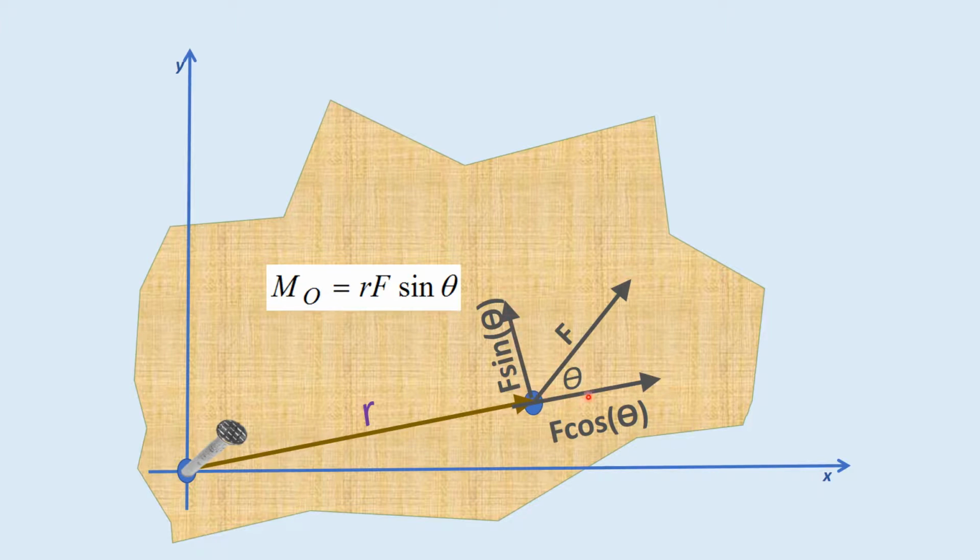If you look at the angle between the force and your lever arm, your position vector, the sine of that angle, the opposite side, is the perpendicular piece that's going to rotate it. So we can calculate the moment from the cross product or get the same exact number if we know that angle.